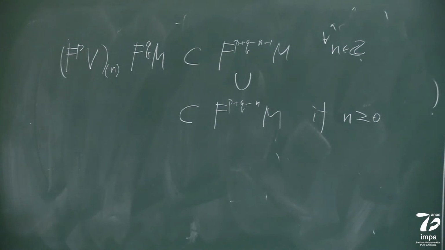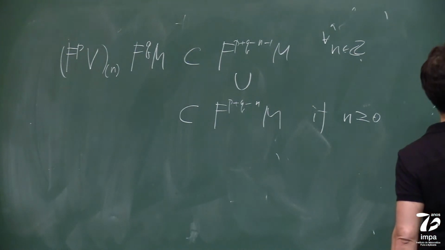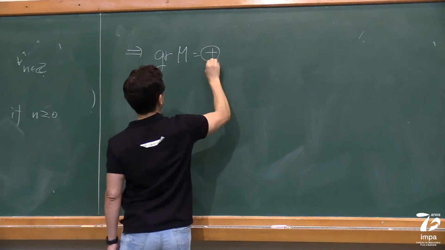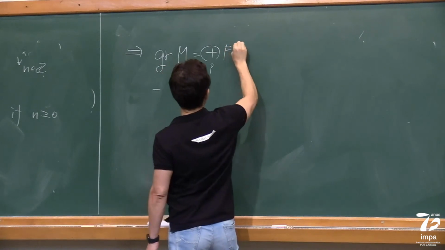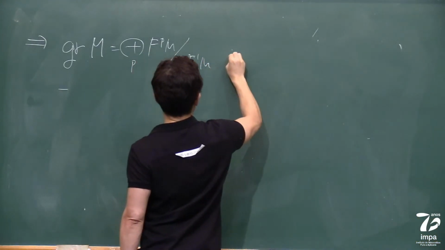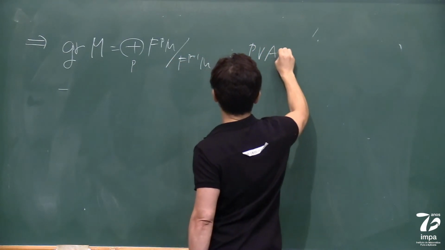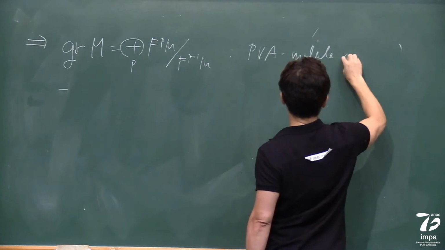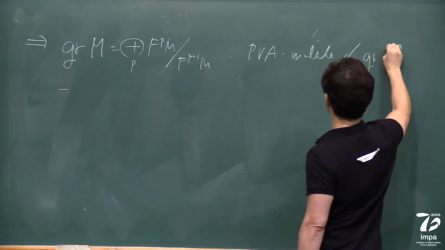And then you find that gr M is a PVA module over gr V.